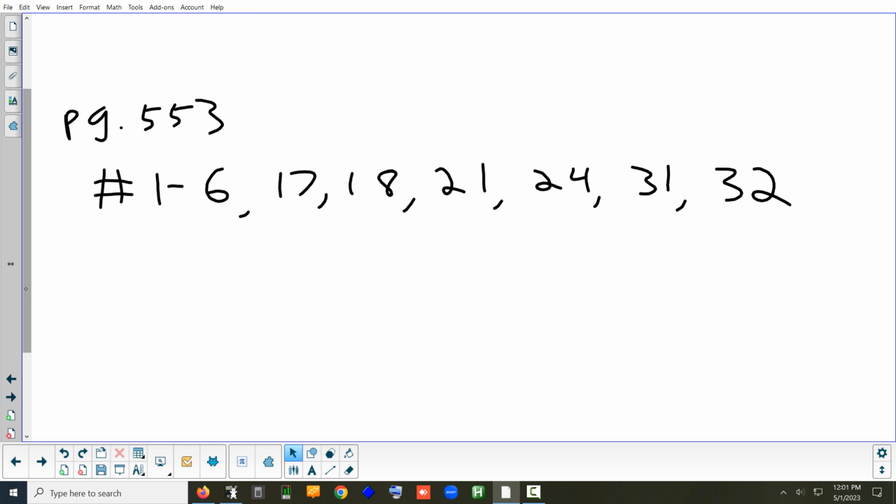So 1 through 6 is just describing. There's no matrices involved at all. 17 and 18 are 2x2s. And then 24. And we're going to skip 32. Okay, so 11 questions.